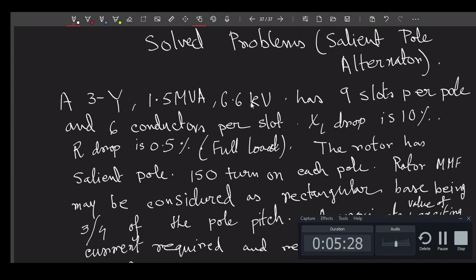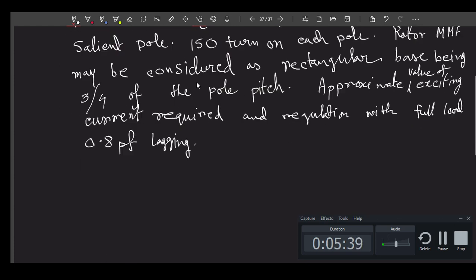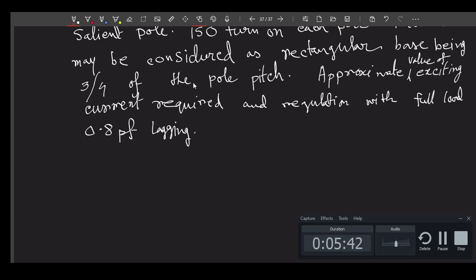Have they mentioned about pole? Okay, another few data are given. That is, iron, means all the constant loss, iron, friction, windage and mechanical loss, all their aggregate loss is 40 kilowatt.